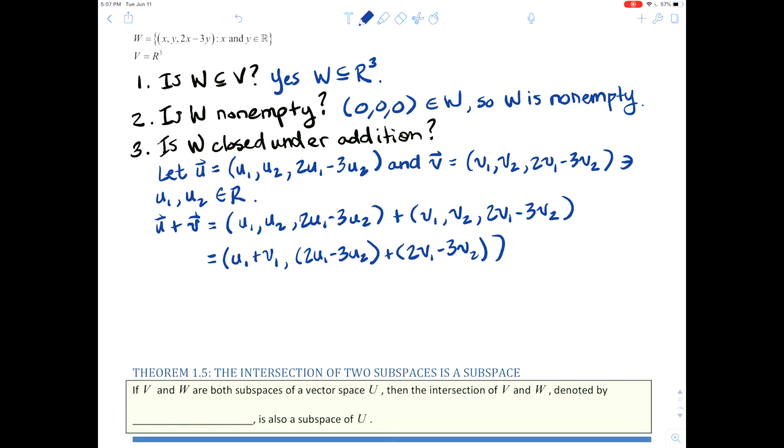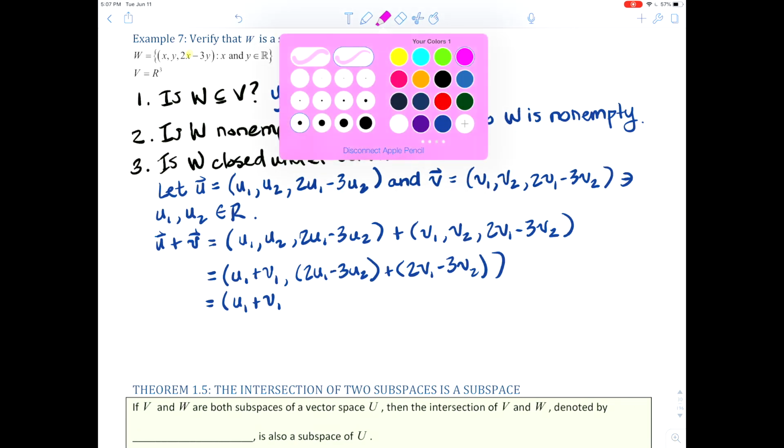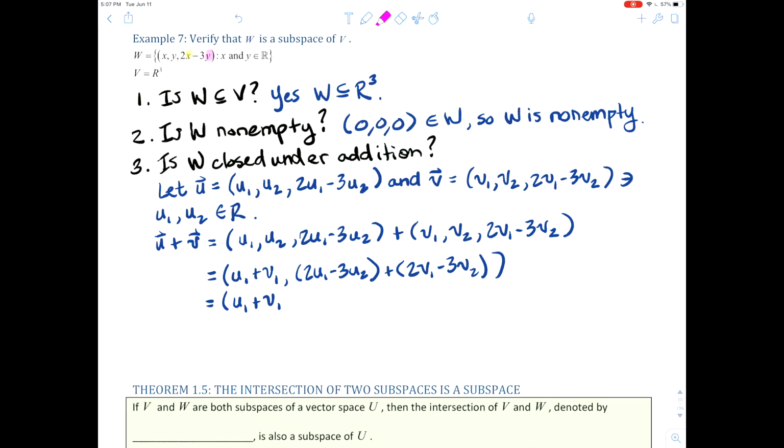Okay, well now they're all real numbers in one happy vector, right? So we can do some algebra, use some algebra properties. So here we go. We'll still have U1 plus V1 here, but remember, like that other one we were looking at, we have to have 2 times something, right, minus 3 times something else, okay? And so that means that you've got to do a little manipulation here.